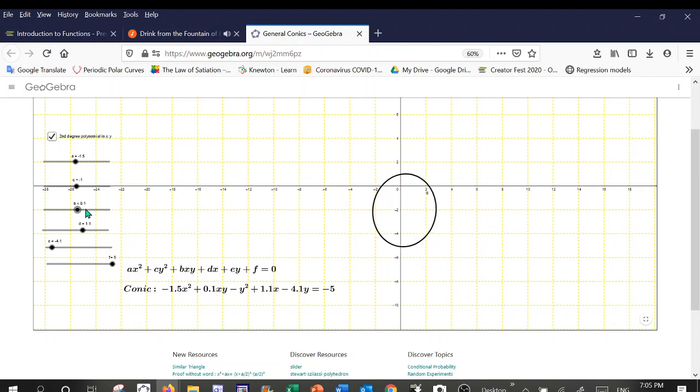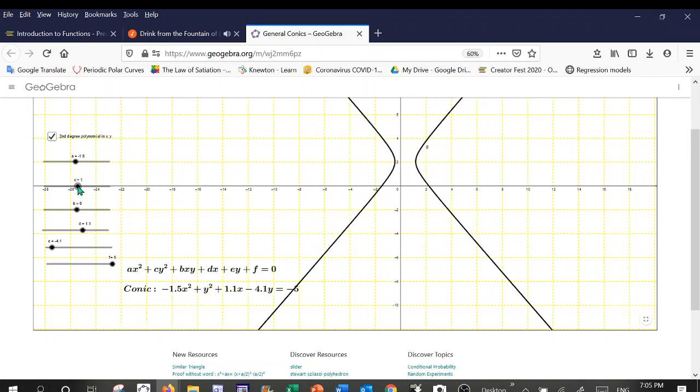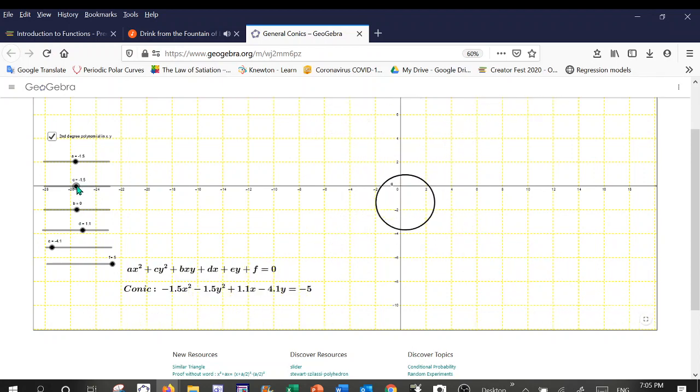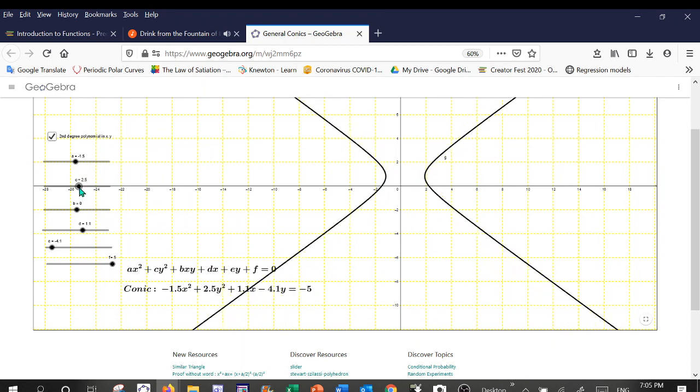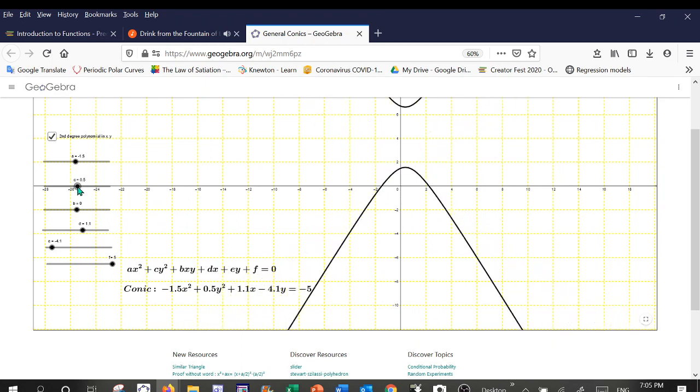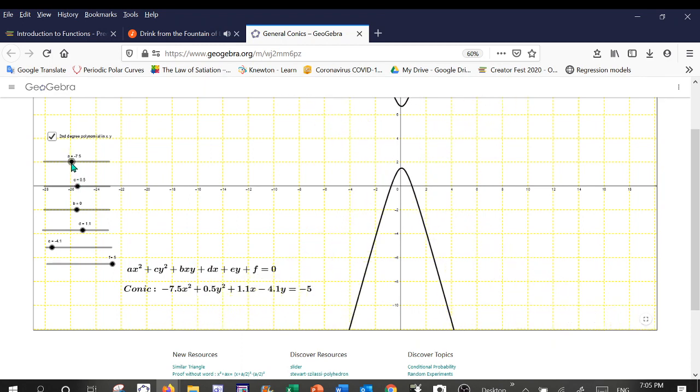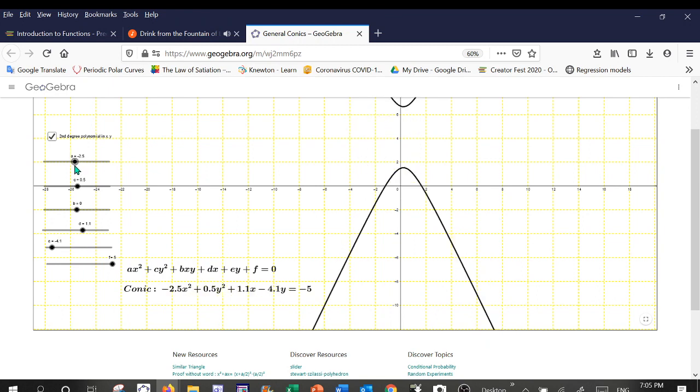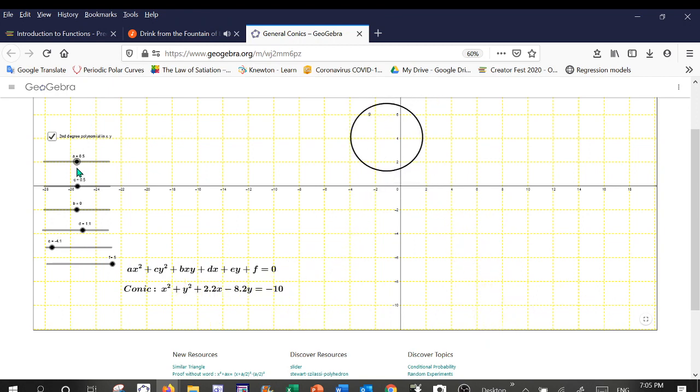Right about there. Now, when I mess with the other coefficients, I can make different conic sections just by changing those numbers, as you see right there.